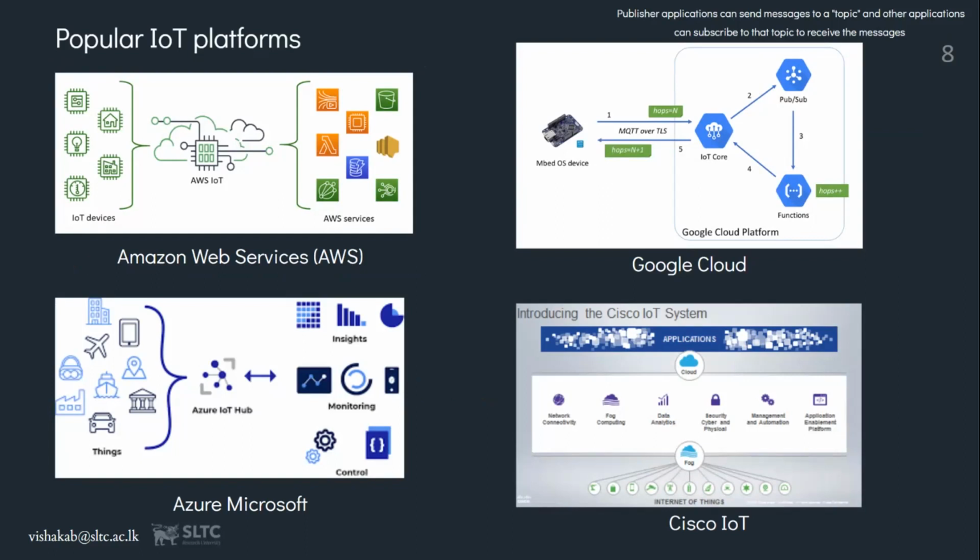When we talk about the popular IoT platforms, we have multiple in the market today. You can search about these IoT platforms whenever you have some time. So Amazon Web Services, Google Cloud, Azure, Microsoft, Cisco IoT, these platforms are available for your inspection and for your learning.